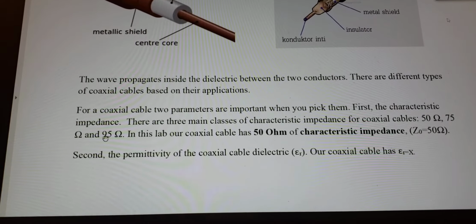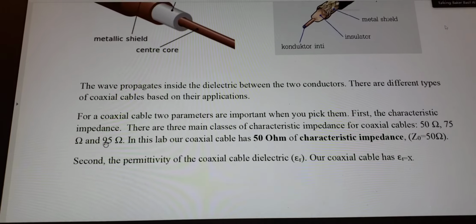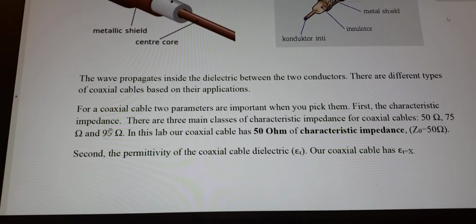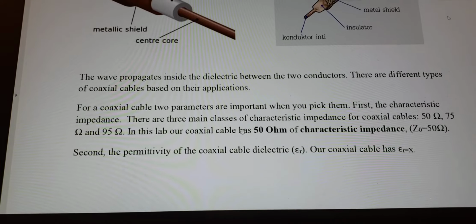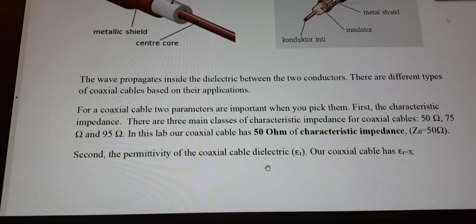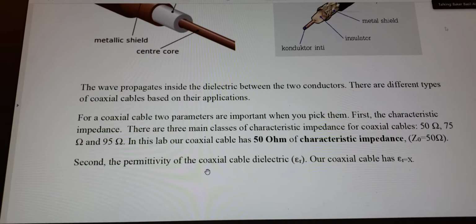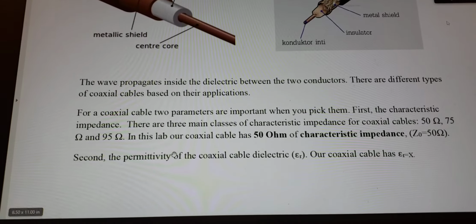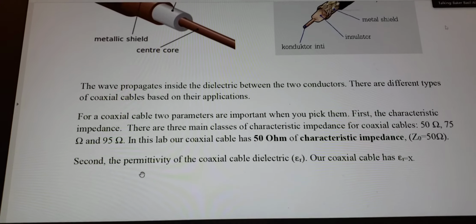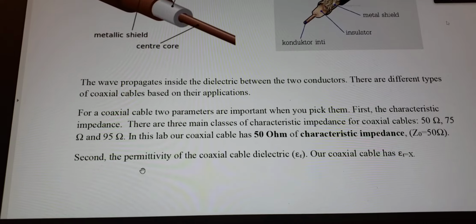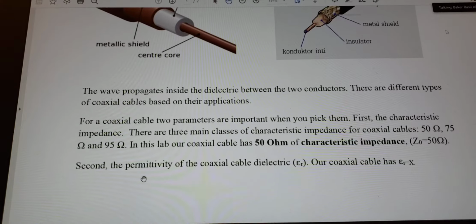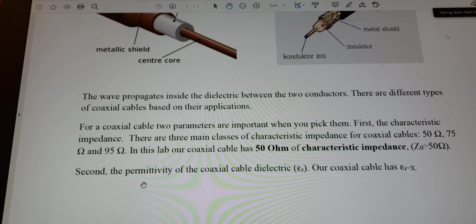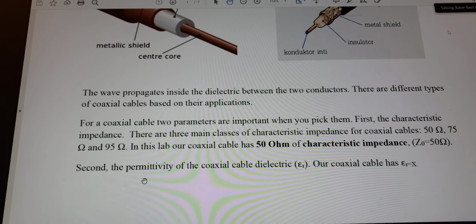For our transmission line, which is a coaxial cable, the permittivity is epsilon r, called relative permittivity, and it takes a value between 0 and 1.